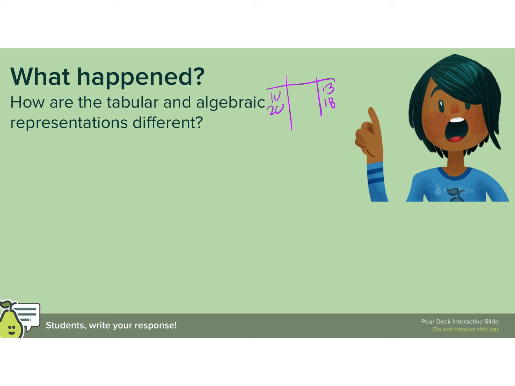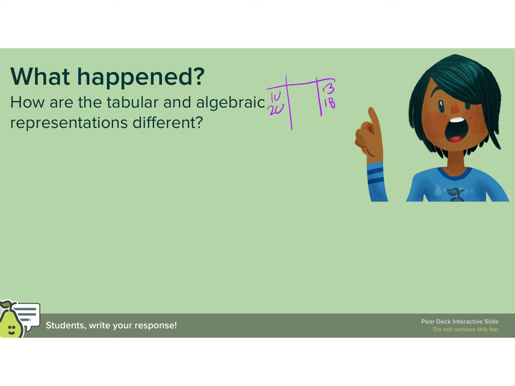The table shows you the cost for a very specific number of buttons, only 10, 20, 30, and 40. It doesn't tell you the cost of 5 buttons. It doesn't tell you the cost of 25 buttons. The table only shows you the cost for 10, 20, 30, or 40 buttons.